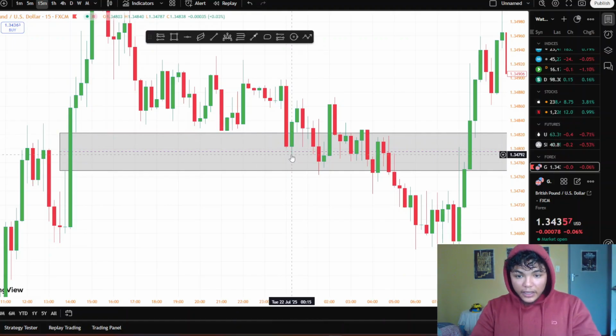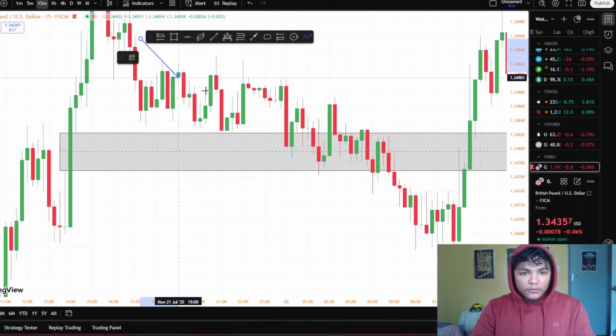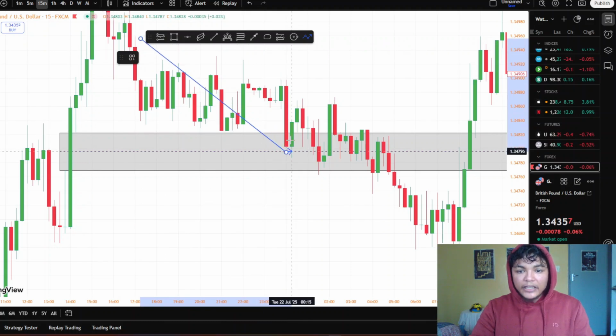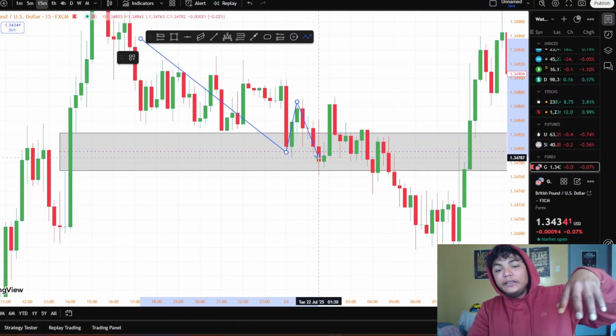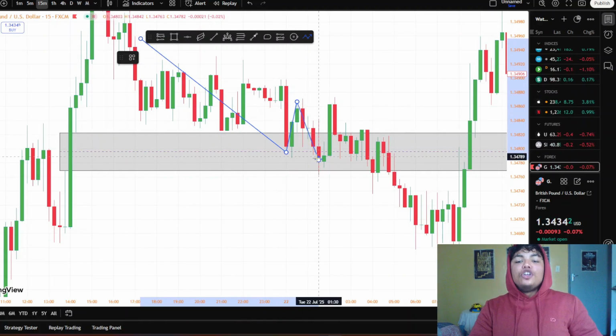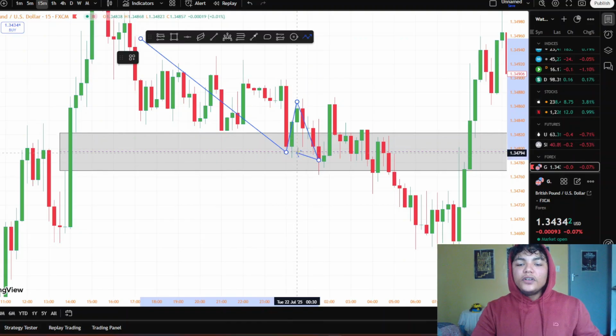Now the market, let me draw for you. The market came down into this fair value gap and it got pushed out of the fair value gap. Okay. Now the market is coming down into the fair value gap again, you can expect this fair value gap is going to fail because the market already took the orders here.